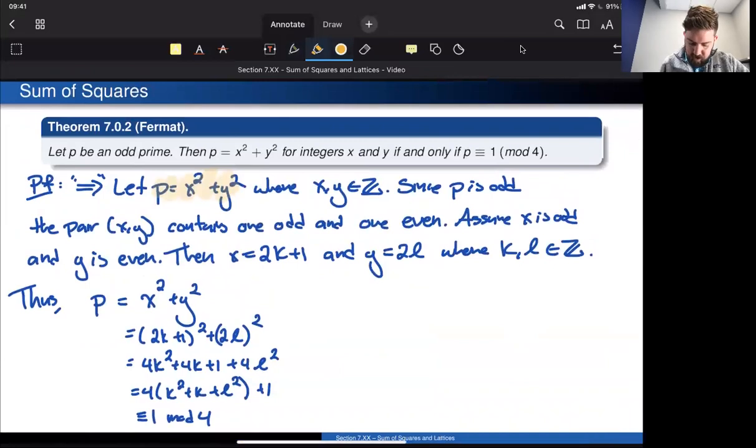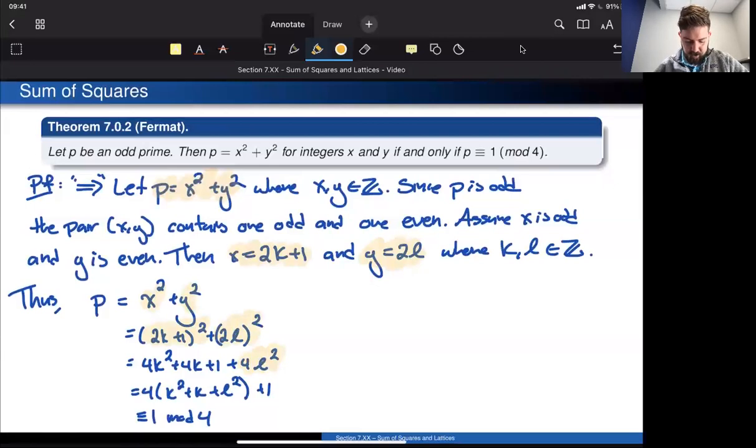So I'm going to claim that the x1 is the odd one and the y1 is the even one. So they're going to have this decomposition of a 2k plus 1 or a 2l for oddness and evenness. Then when you stuff that definition in for x and y, you're going to get 2k plus 1 quantity squared or a 2l quantity squared. Well, the 2l squared is easy because that just becomes 4l squared.